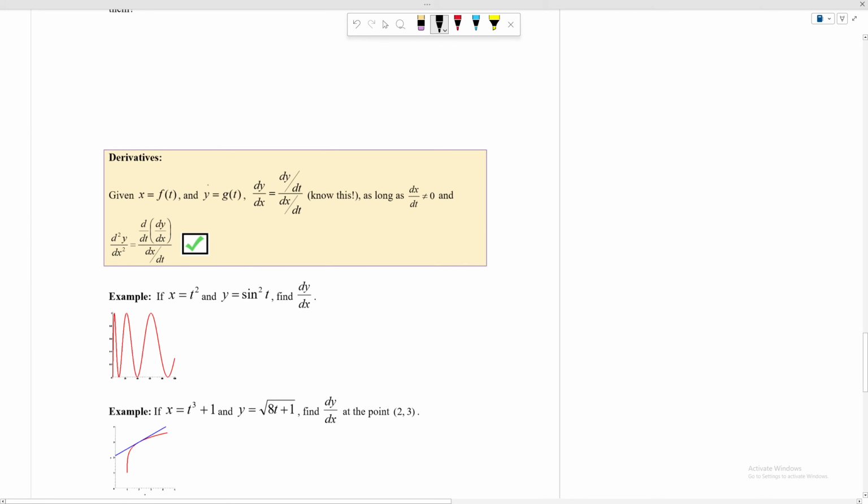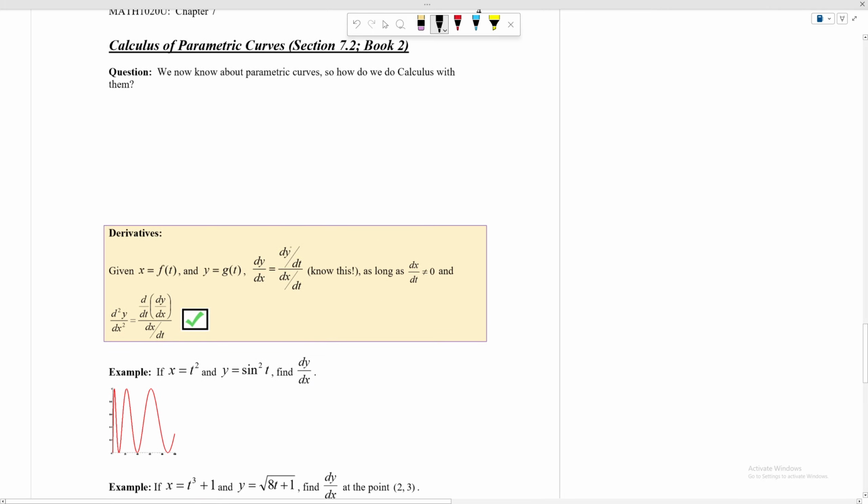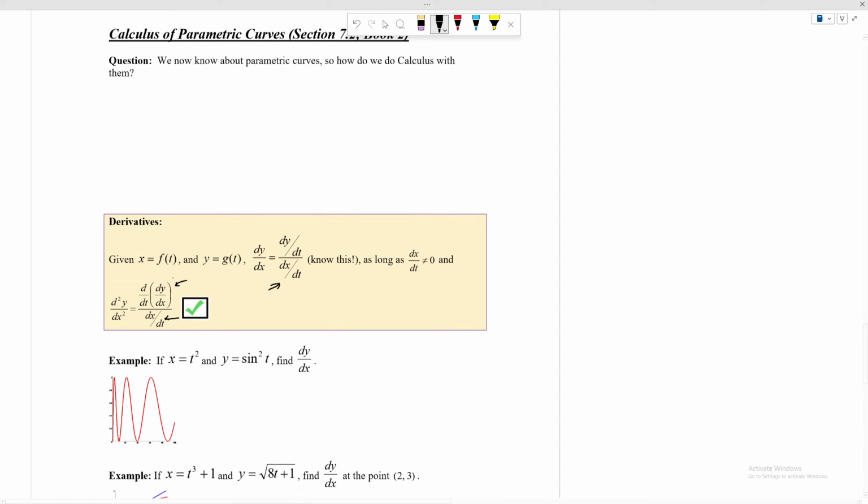And then if you want to get your second derivative, the x in terms of t stays the same, the derivative, but your dy over dx will have to be derived again. Okay? And as long as your dx over dt does not equal 0.